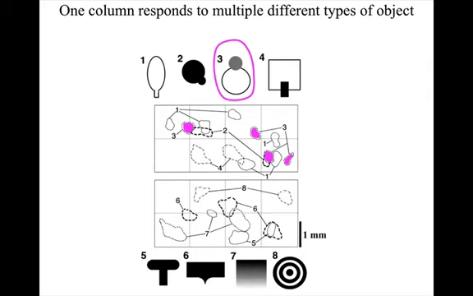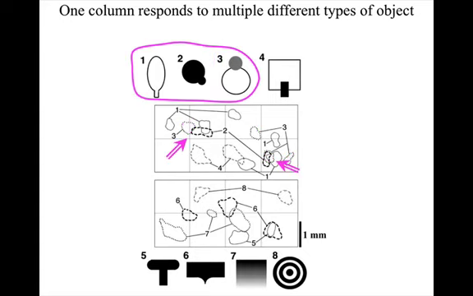But the group of columns active in response to one object may partially overlap with the groups active in response to one or more other objects. For example, the columns active in response to objects 1, 2, and 3 partially overlap.